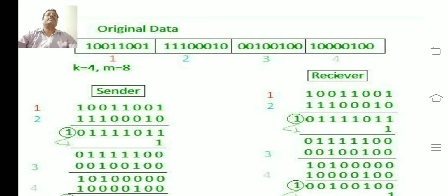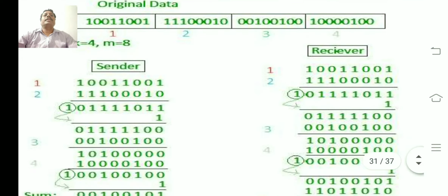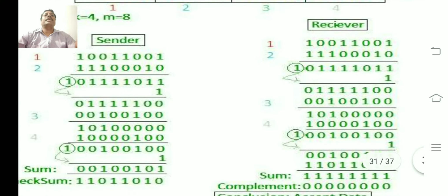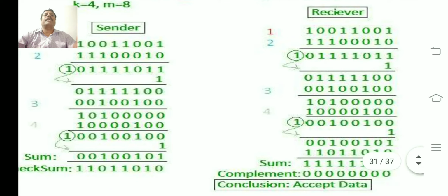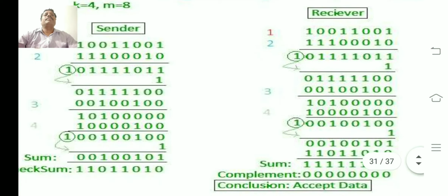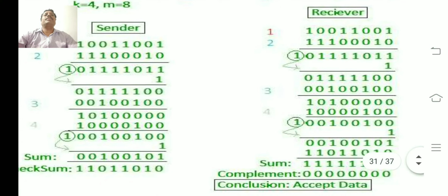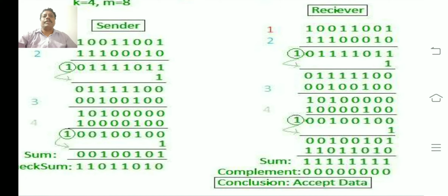Next, the third byte will be added. Then with this result the fourth byte will be added. Here a carry will be generated, that will be added, and the fourth byte added. At the end we get a sum. For that we need to take the 1's complement.